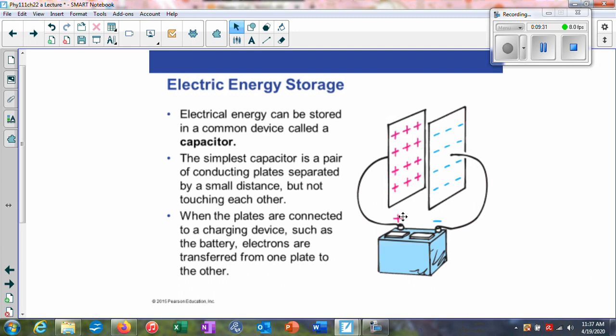A battery has a positive terminal and a negative terminal. So electrons are then transferred from one plate to the other. This plate is going to get an excess of electrons. This plate is going to lose electrons. And now there's an electric field between them, and I am storing energy.